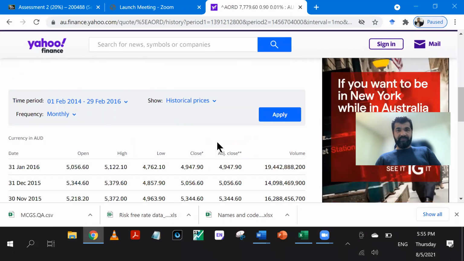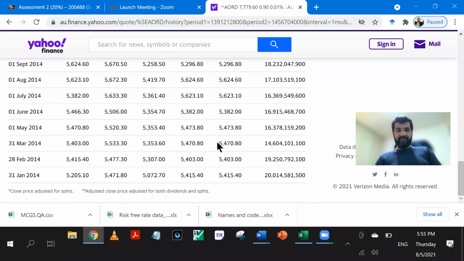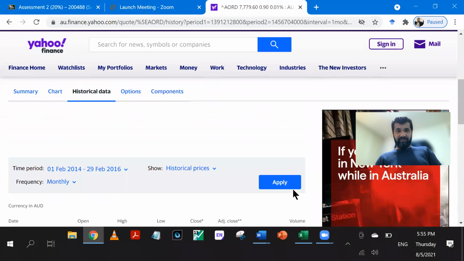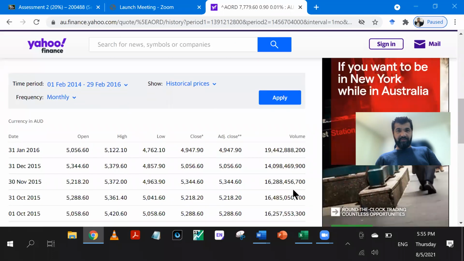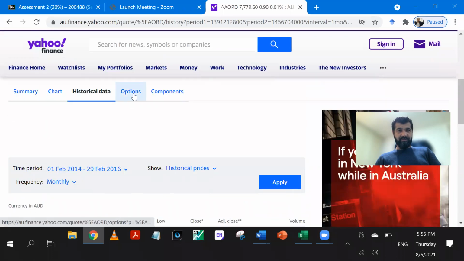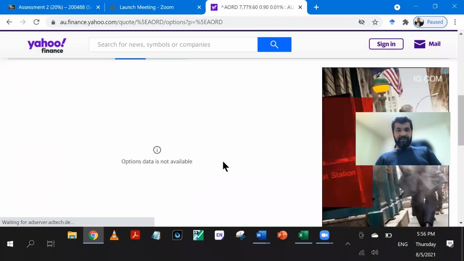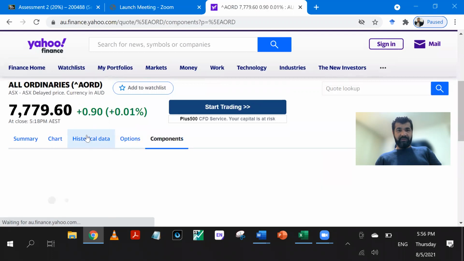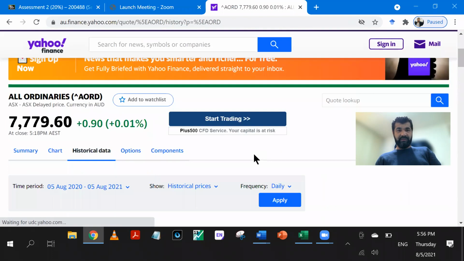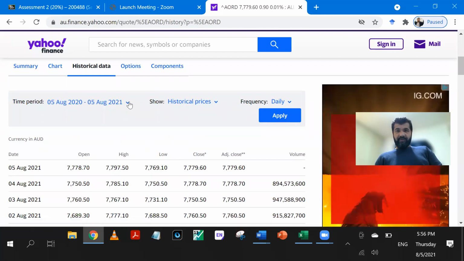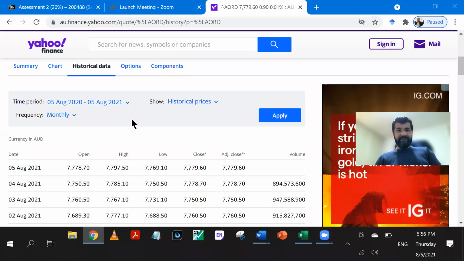We can hit the download button. Options that are not available. But why don't I have this data as a download?